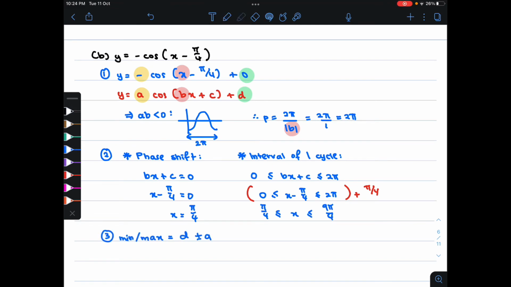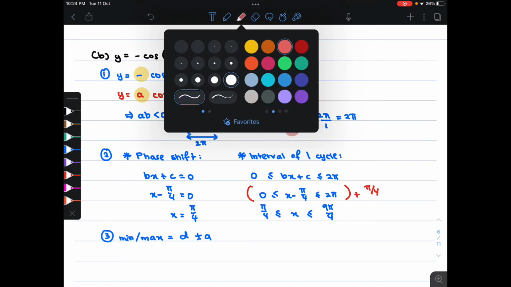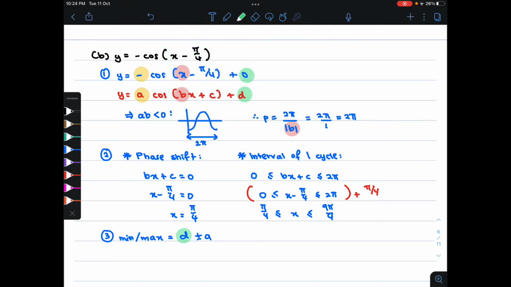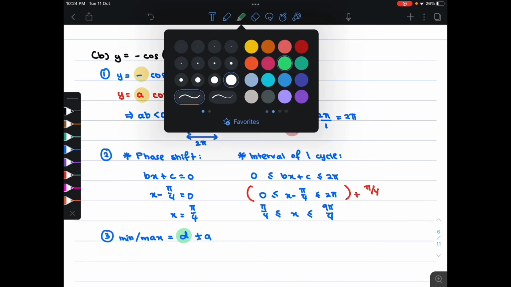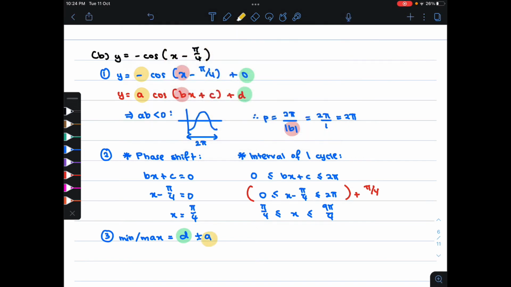And the last step is to find the minimum and the maximum. So D is 0 and A is negative 1. So we'll get 0 plus minus negative 1. And hence minus 1 is the minimum and positive 1 is the maximum.